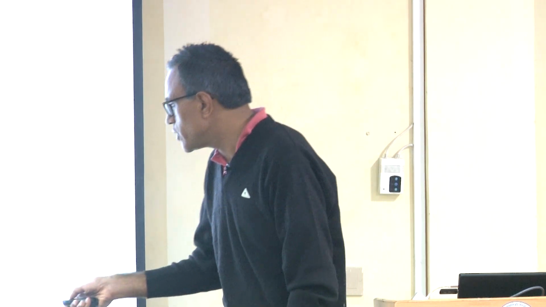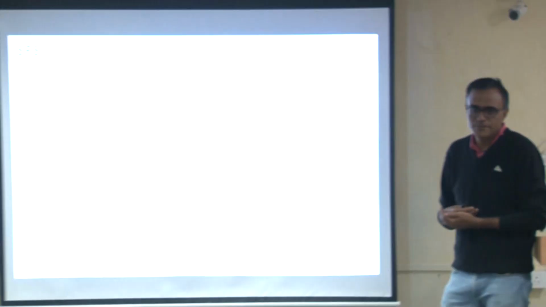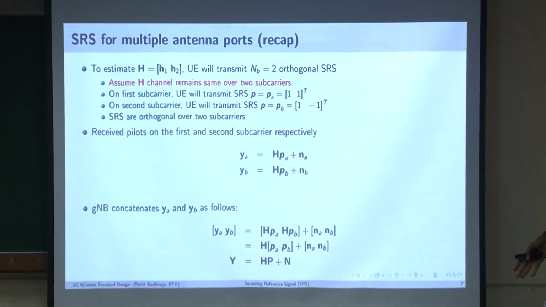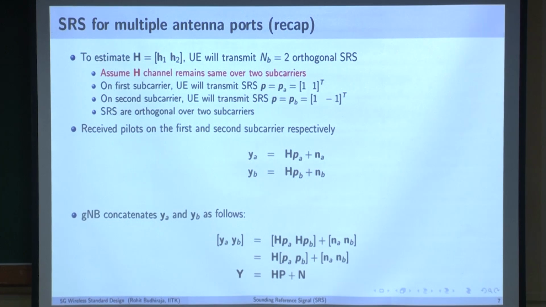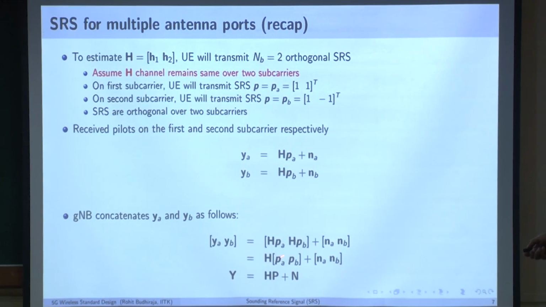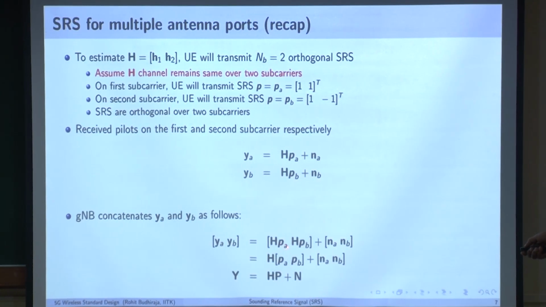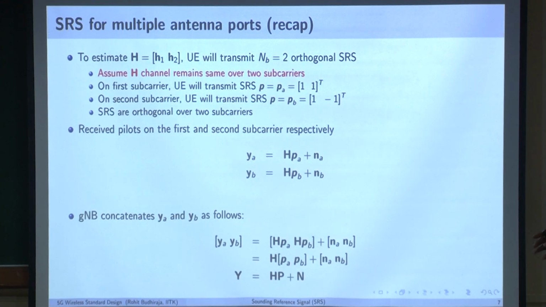Then how will you do this exercise? How will you pull out H from it in the frequency domain? We cannot do this. If H is not constant and you are planning to estimate H over the entire band, this operation fails.